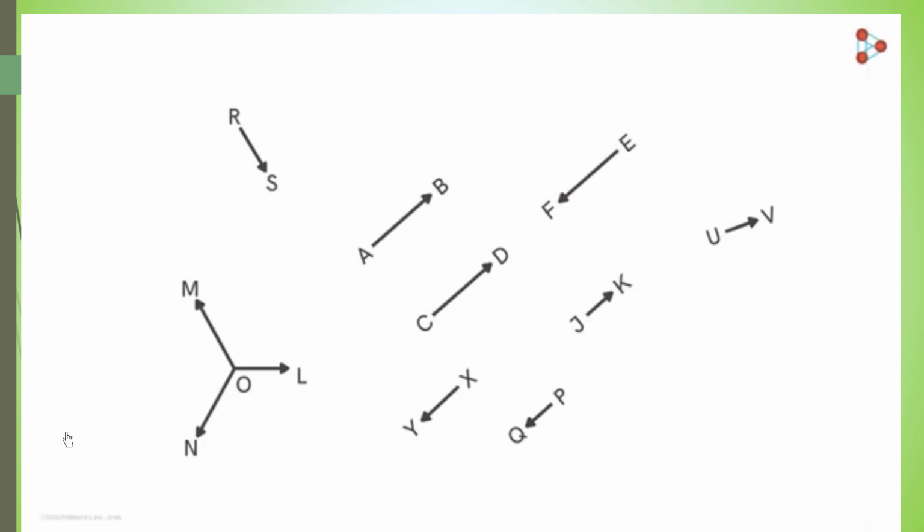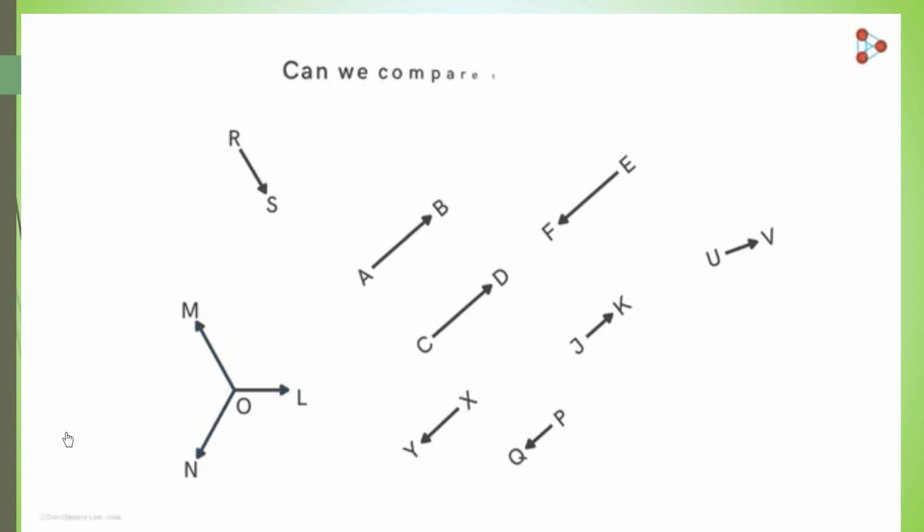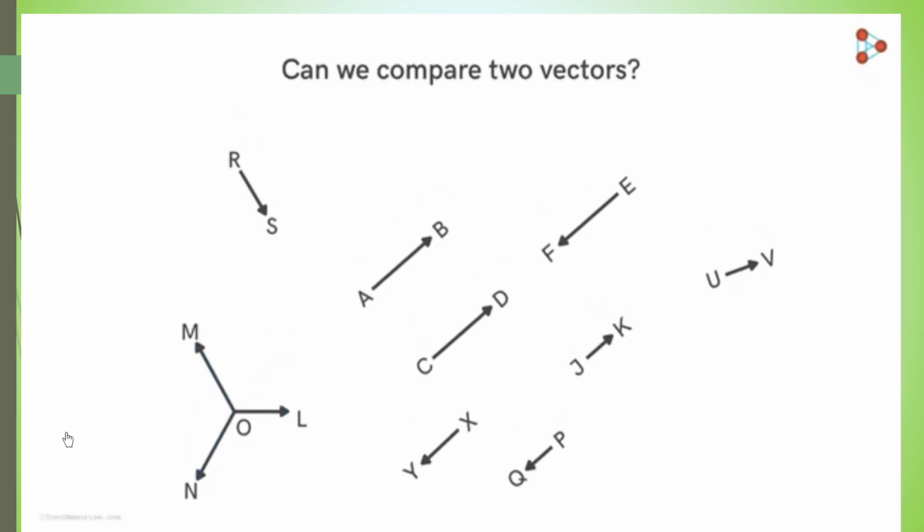Let's consider different types of vectors. Some of these vectors have common points. First, let's discuss vectors which have a common starting point. Such vectors are very easy to compare.